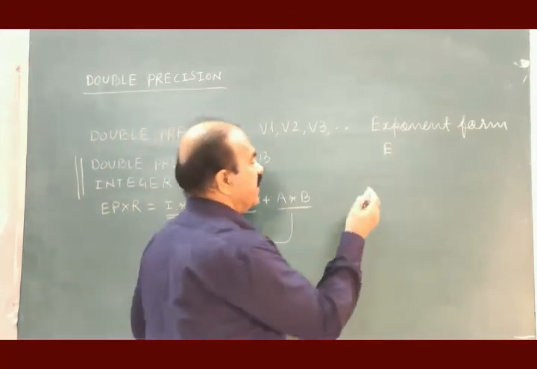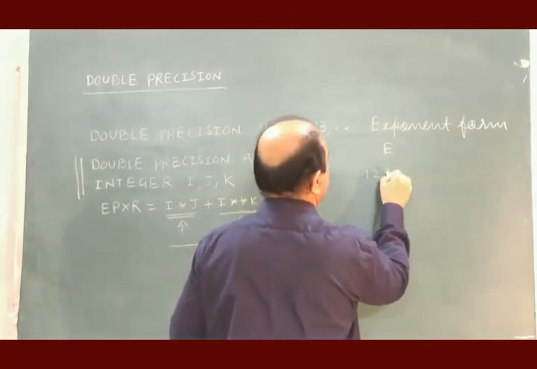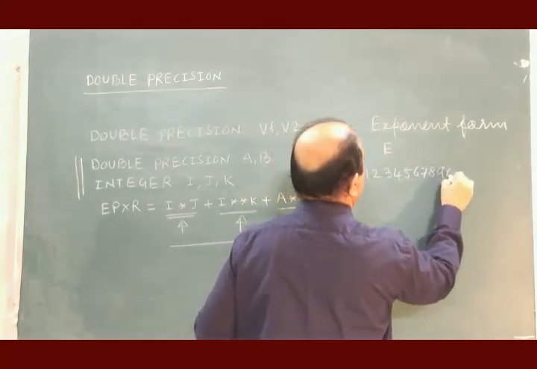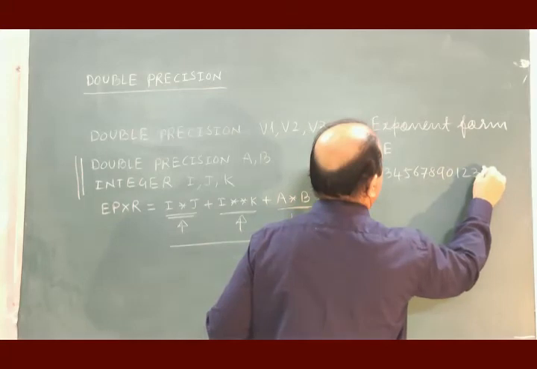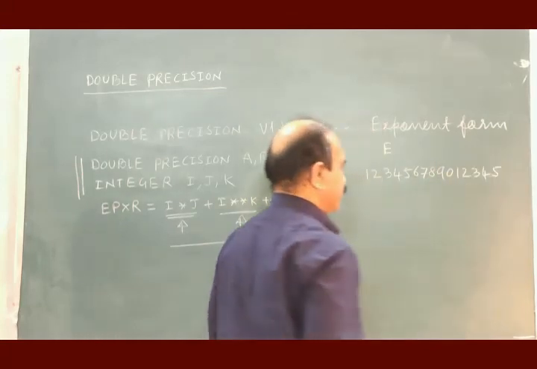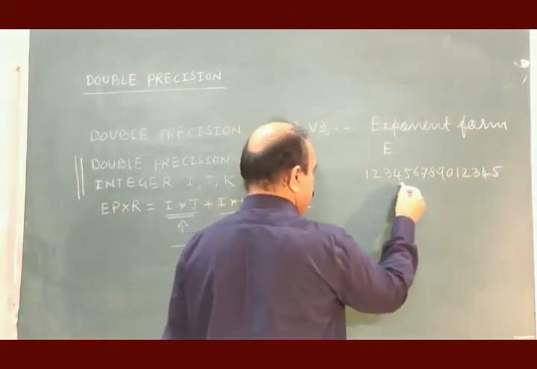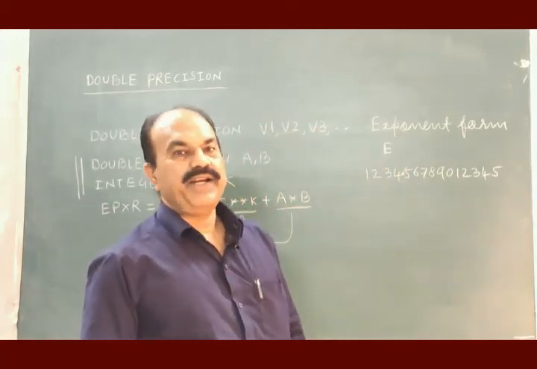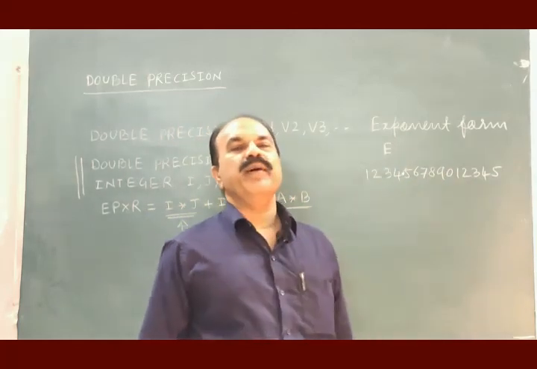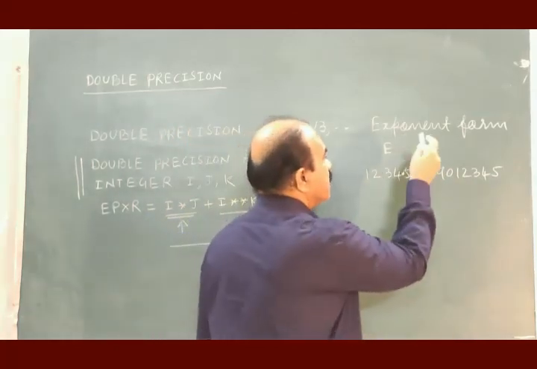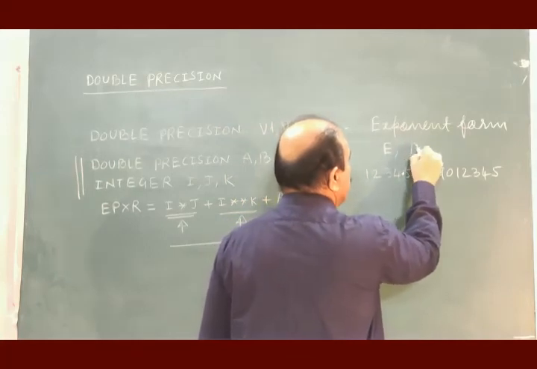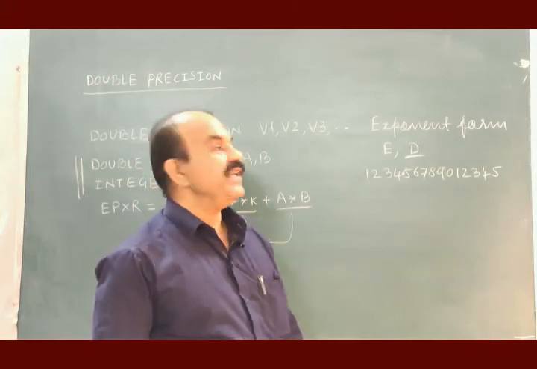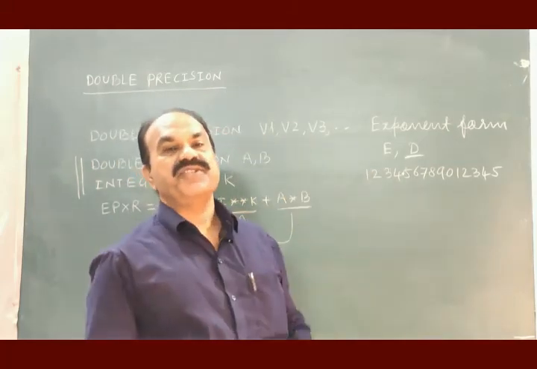Let us suppose that you are given this number, and you are asked to represent this number in exponential form for double precision.